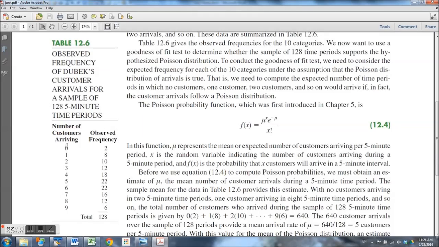So what this means is that there were 2 5-minute intervals with no arrivals at all. There were 8 with 1 arrival. There were 10 5-minute intervals with 2 arrivals, and so on, and totally 128 5-minute intervals. In these samples, the number of arrivals were 0 through 9, but theoretically it can be 0 through any number.